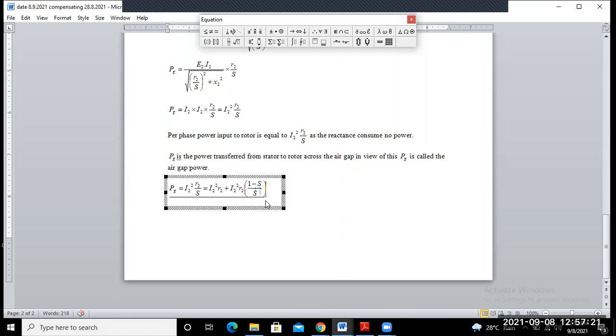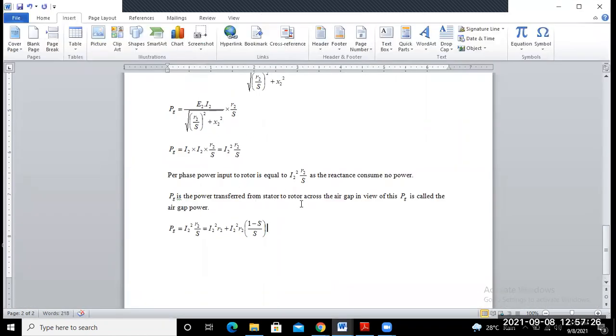Okay. So this part is known as the rotor ohmic loss, and this part is known as the internal mechanical power developed, that is PM.